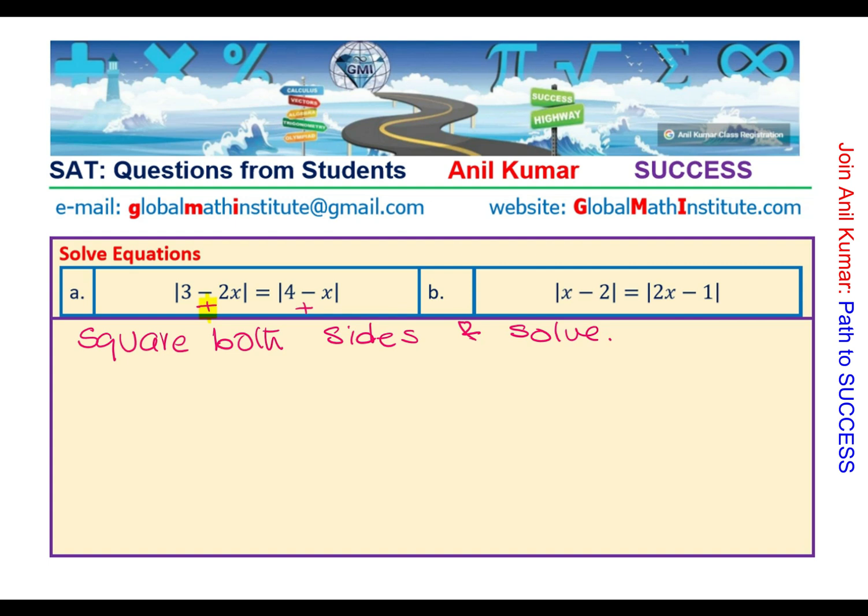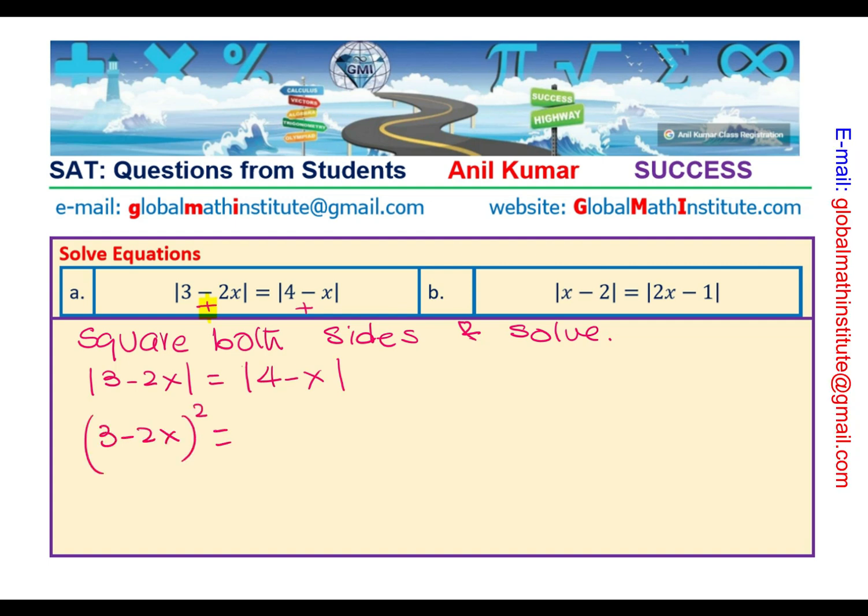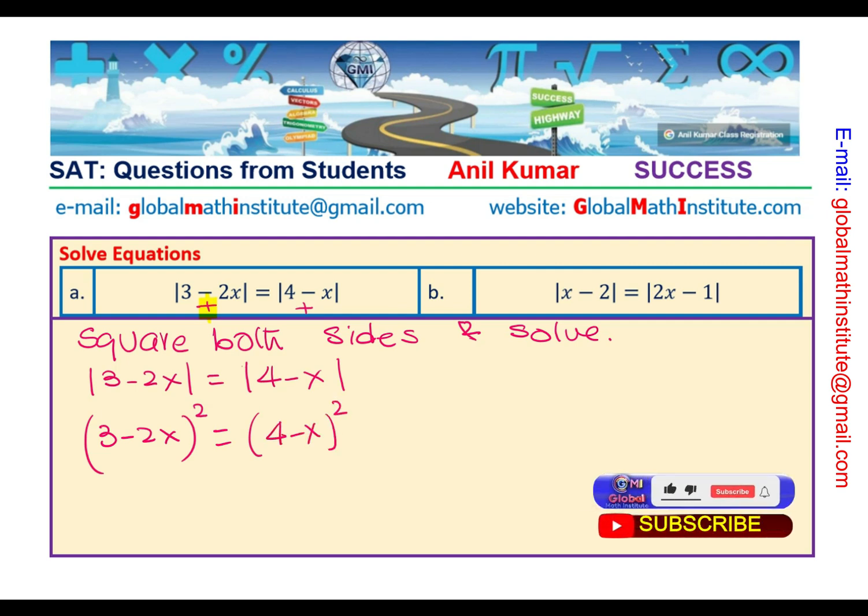So that is what I'm going to do. The absolute value of 3 minus 2x equals absolute value of 4 minus x. We could now solve for (3 minus 2x) whole square equals (4 minus x) whole square. You understand the idea, right? So if the absolute values are equal, then their squares will also be equal.